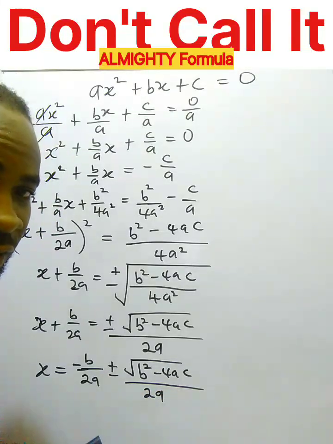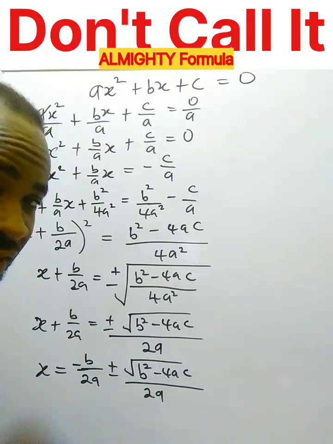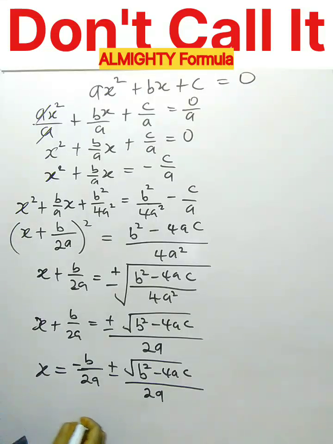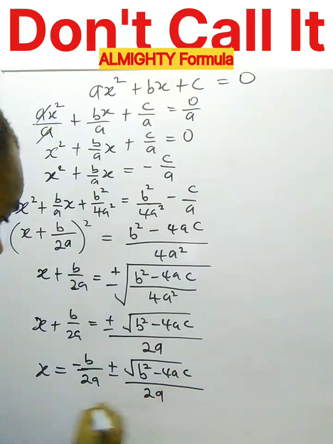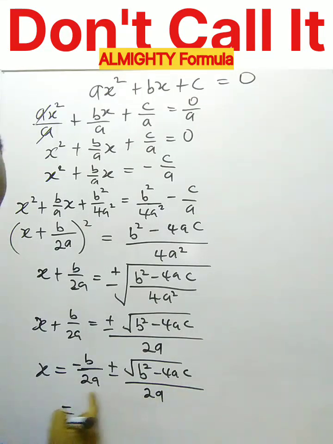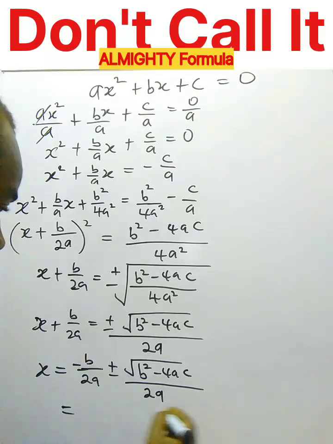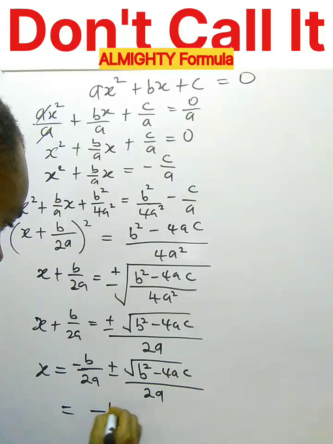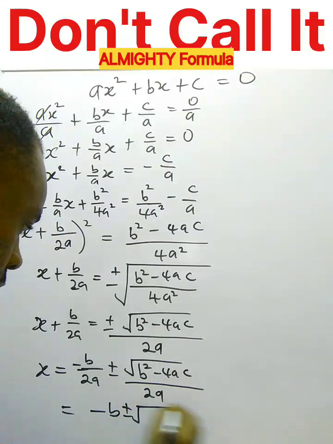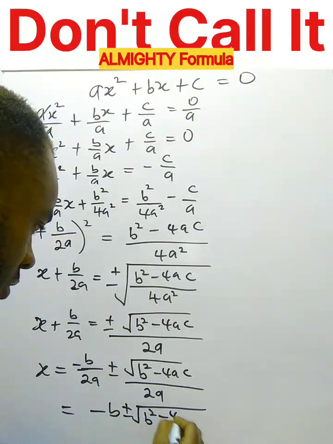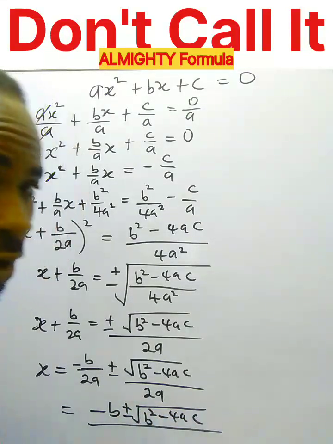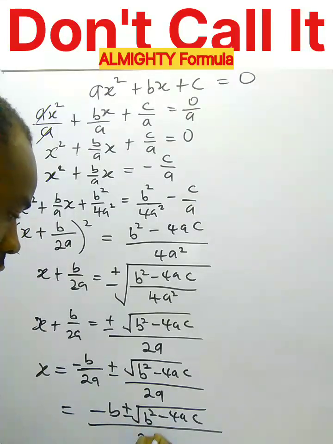Can you see that? Okay, so finally now we are going to get our answer, and this can be written as, our denominators are the same, so that is going to give me minus b plus or minus square root of b squared minus 4ac all over 2a. Hope you can see that.